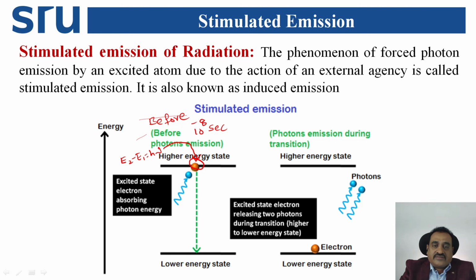But here, you observe this point. Before 10 to the power minus 8 seconds, E2 minus E1 is equal to h nu, photon energy, is incident on the excited state atom. The excited state atom absorbs all the photon energy and stimulates from the higher energy state to the lower energy state, emitting two photons.